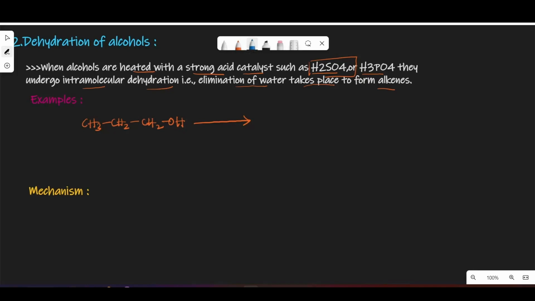You have to take a strong acid. We will get the alkene CH3CH=CH2 as the product. Here we are just removing this OH group and making a bond between these two carbons.